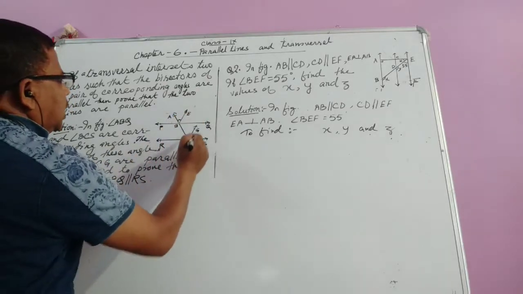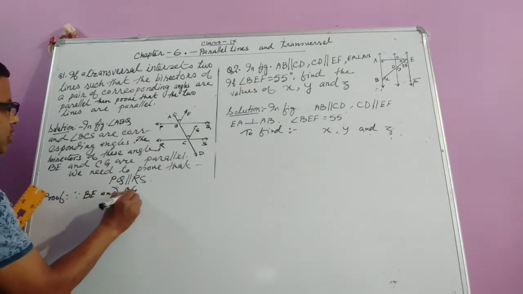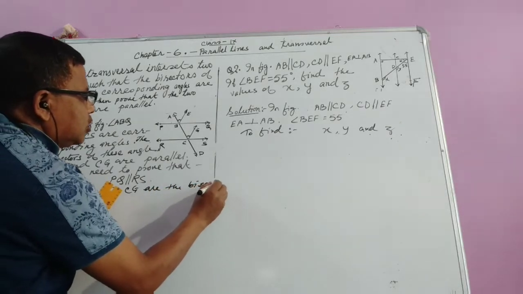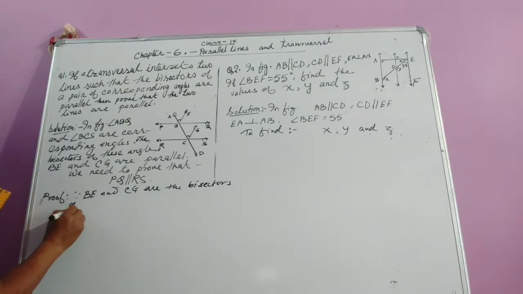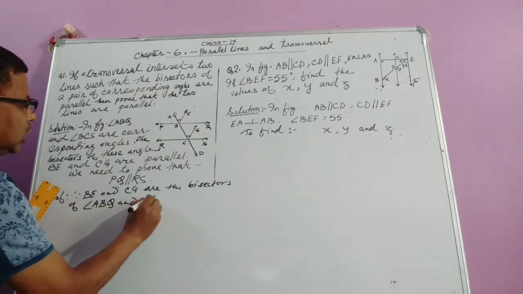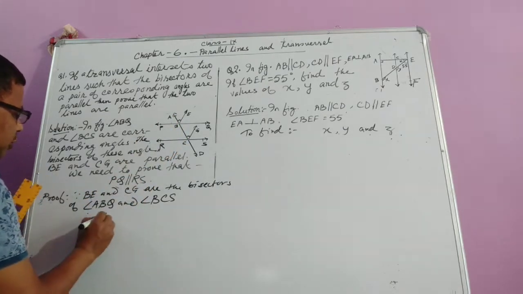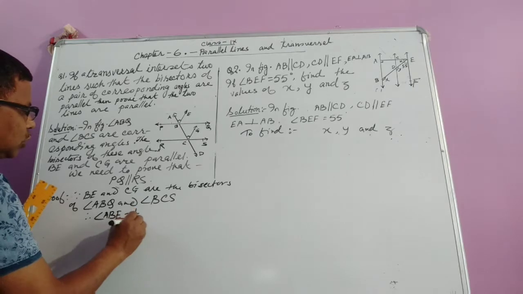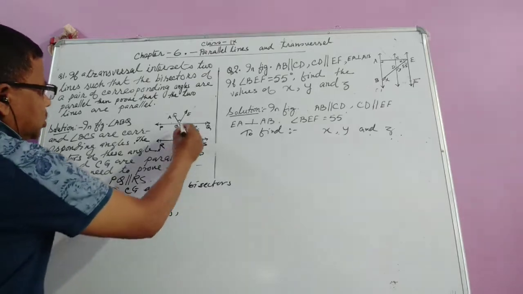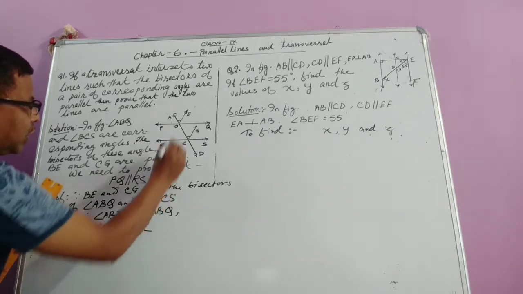Since BE and CG are the bisectors of angle ABQ and angle BCS, therefore angle ABE is equal to half of angle ABQ, and angle BCG is equal to half of angle BCS.